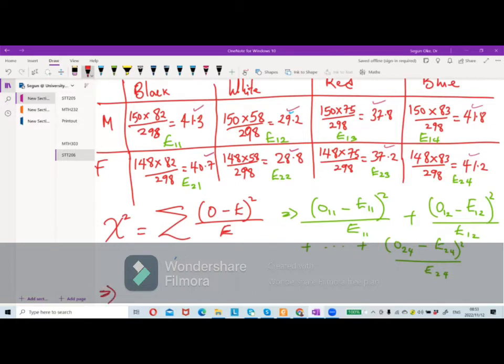So now for the expected value for this one, to calculate our chi-squared, what we need to do is, what is the first observation?